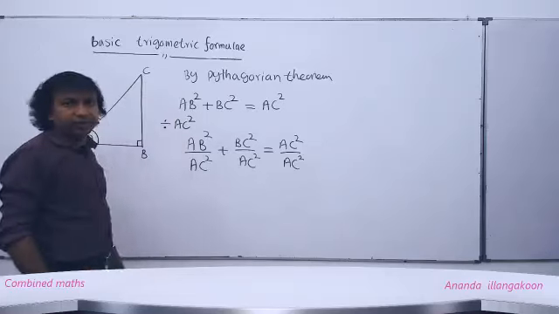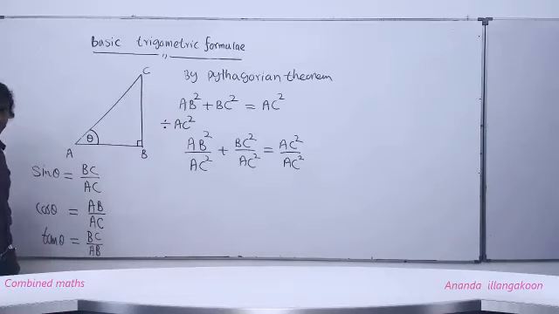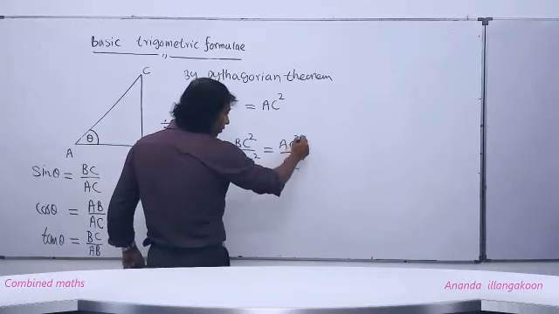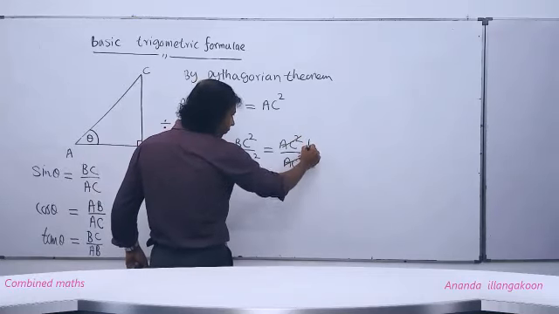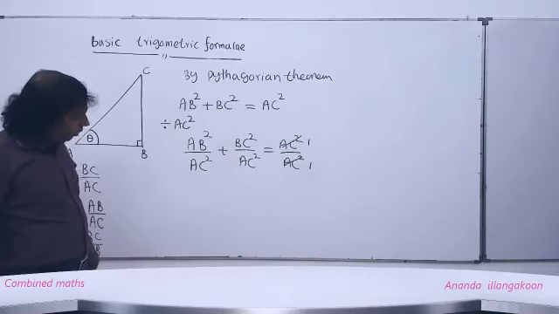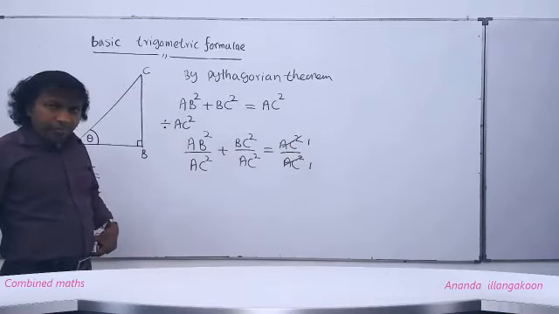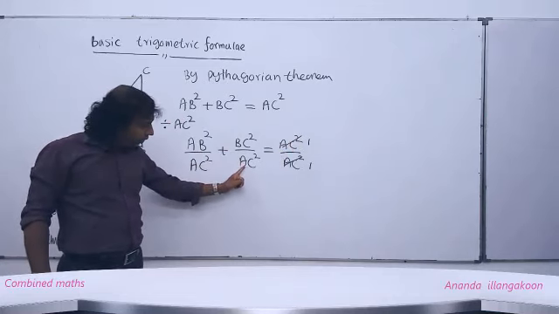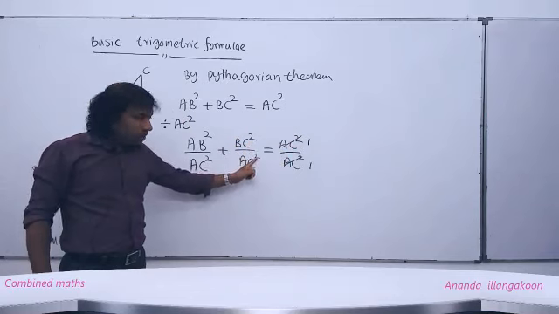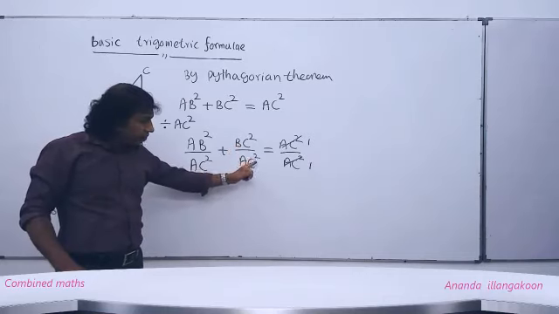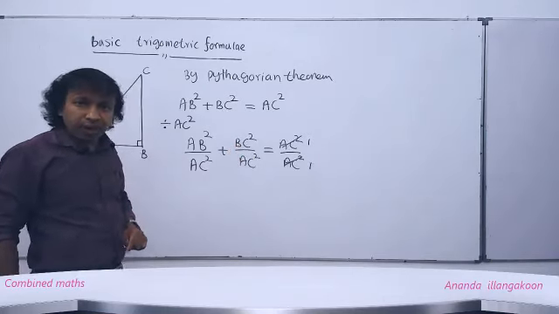This way we get. On the right hand side, people, we can cut down like this. AC square, then AC square, we can cut down. In the left hand side, here we have at the numerator BC square divided by AC square. This square, people, we can write, putting this BC and AC inside the bracket, and this square we can put out of that bracket.